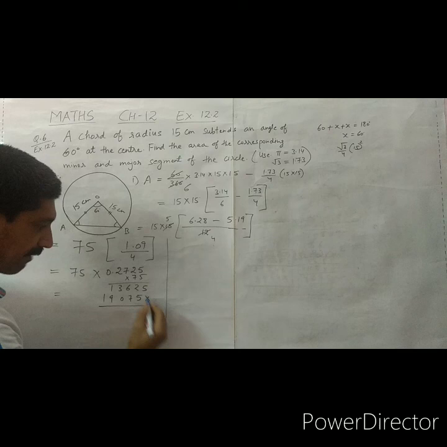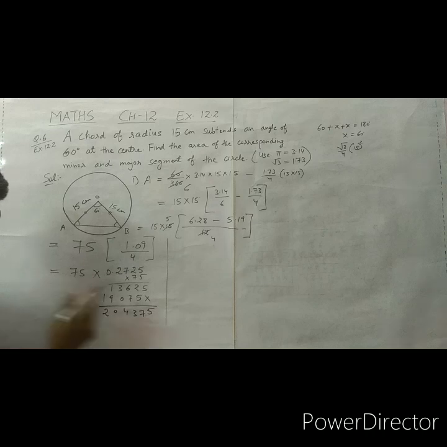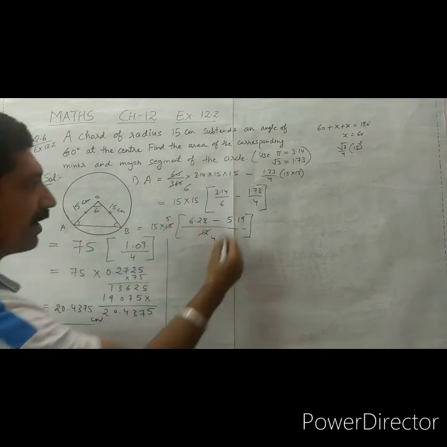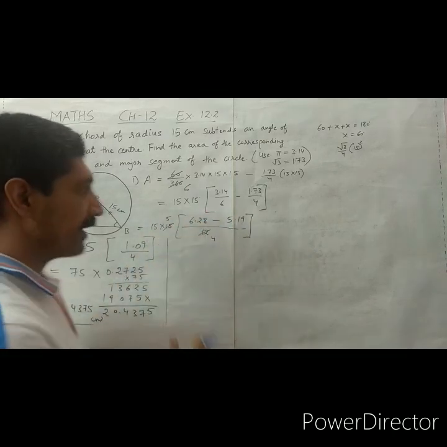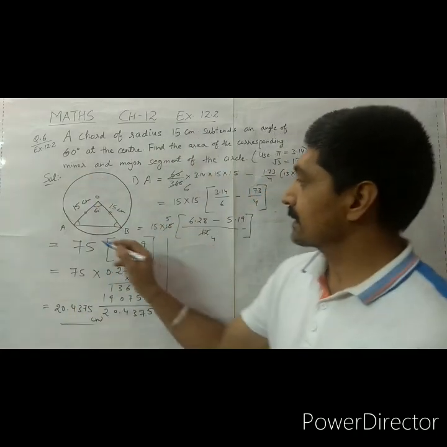So here we have 5, 7, 13, 4, 0 and 2. So our answer here, the required area, with the decimal after 4 digits, is 20.4375 centimeter square. So the first part is very clear.